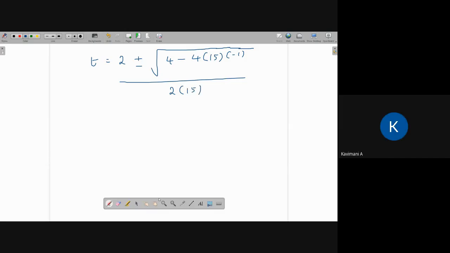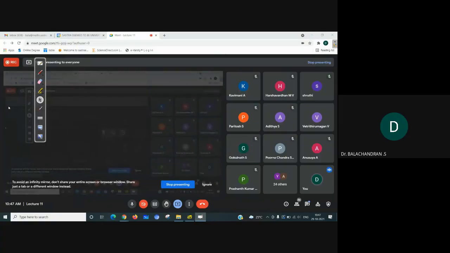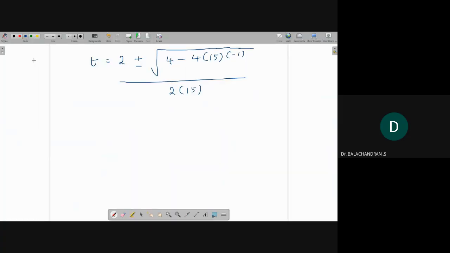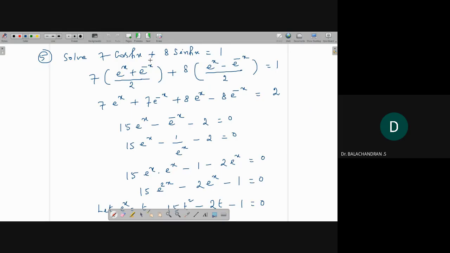Sir, simply we factorize it. Yes, you can do it by any method. I know how to solve these types of equations, so okay, you can factorize. If you tell the answer, the method here, that is good.